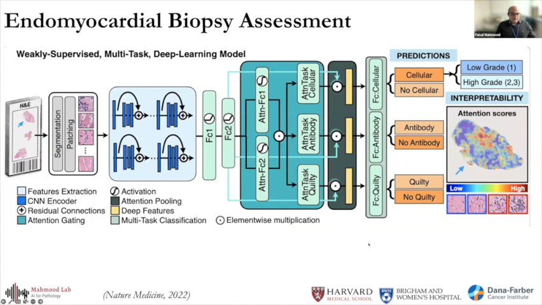The model architecture that was used was very similar to the CLAM-based architecture that I showed in the last 2 examples that I presented. So we have a whole slide image, we segment and patch it into smaller regions. Then we extract features from these regions.